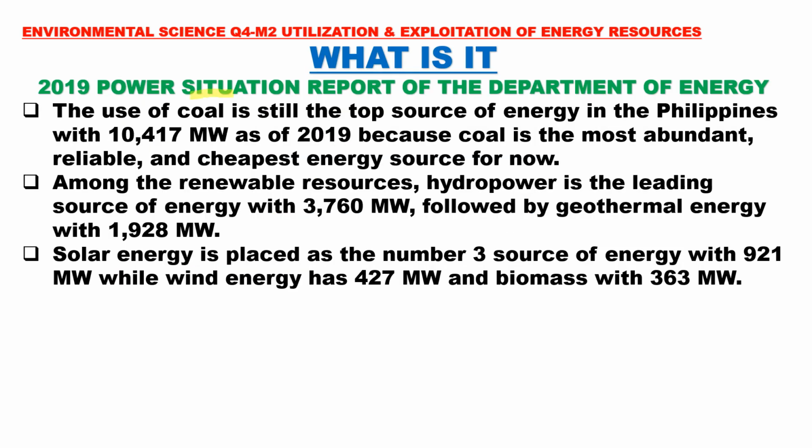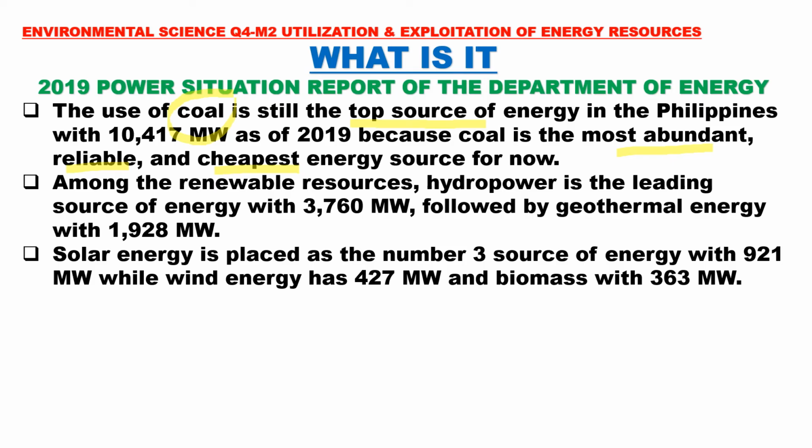The use of coal is still the top source of energy in the Philippines, with 10,417 megawatts as of 2019 because coal is the most abundant, reliable, and cheapest energy source for now.